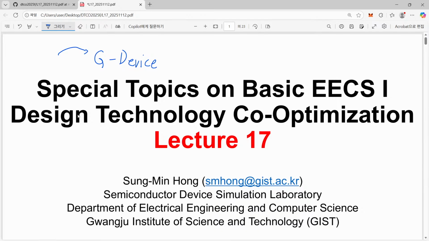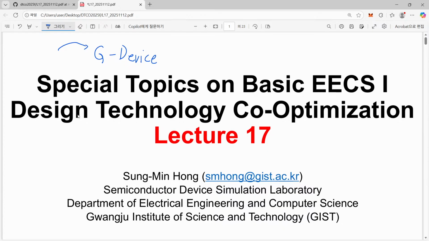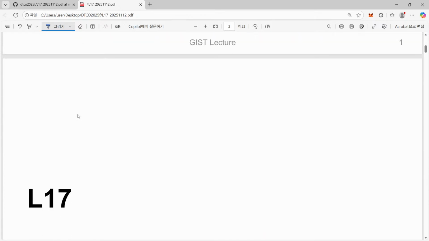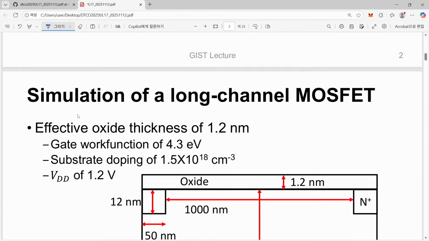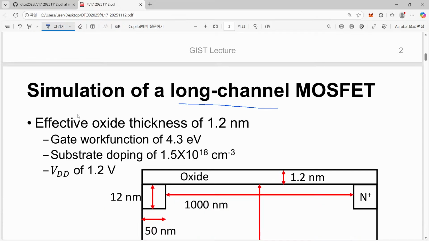For that purpose, today we will think about the simulation of a long channel MOSFET. Long channel means that we have a relatively long channel length, so the gate length is quite long. What is the meaning of long?